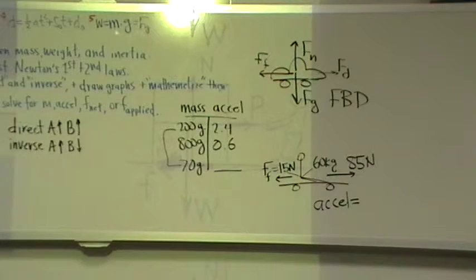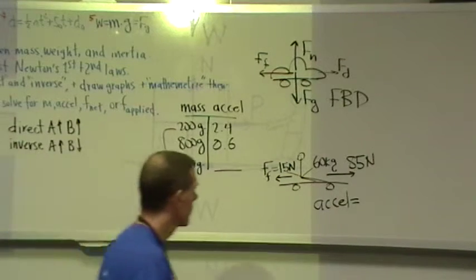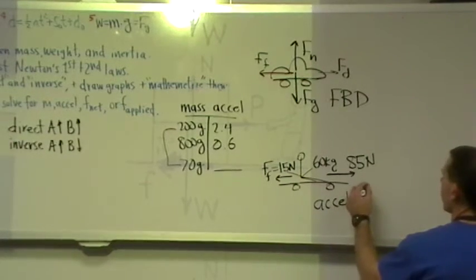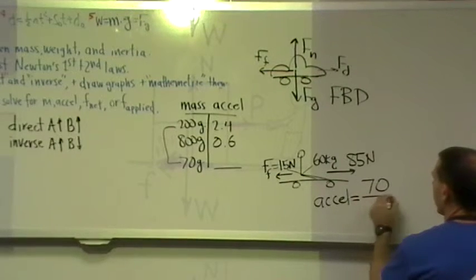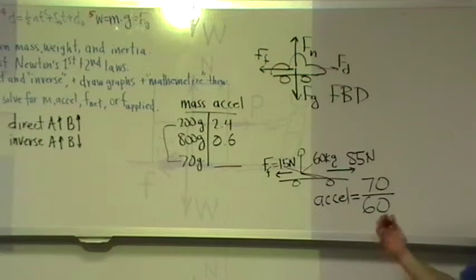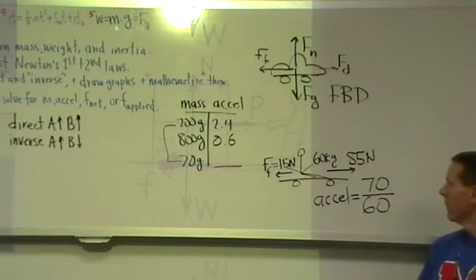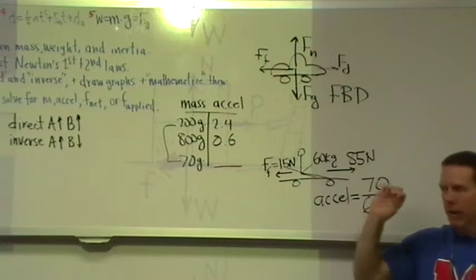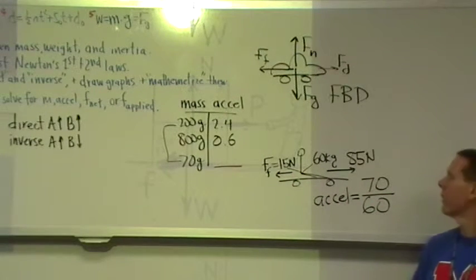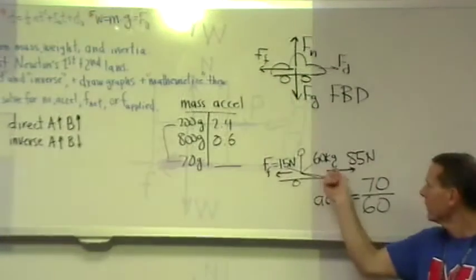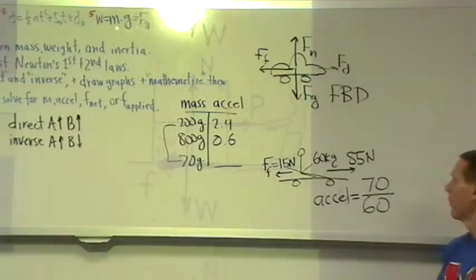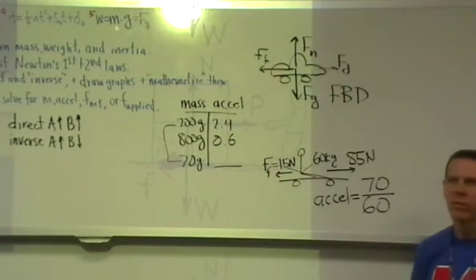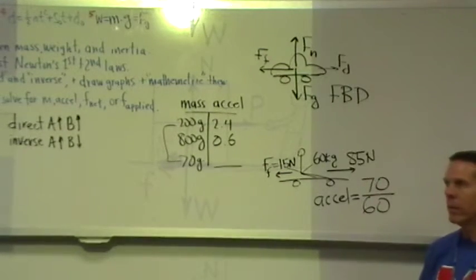Take that divided by 60 kilograms. That's it. Don't make it harder than that. Net force, how much? In your head, my suggestion, leftover force. Well, 85 minus 15 leaves 70. That is the net force. So 70 divided by 60 is 1.16, something like that. Okay. That's the easy part.